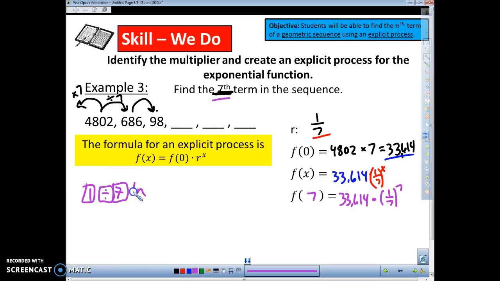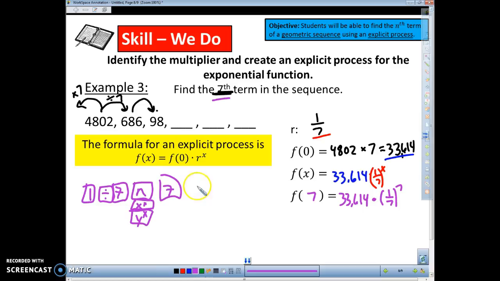Then hit the caret button, or your x to the y, or y to the x, whatever respective phone you have, and then punch in 7.